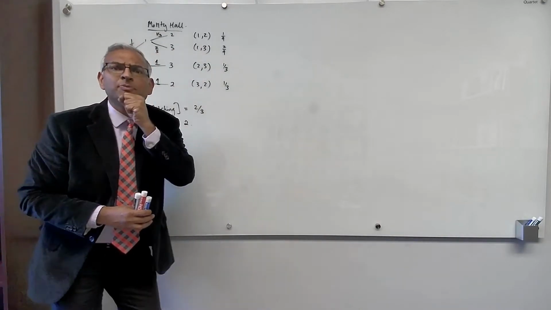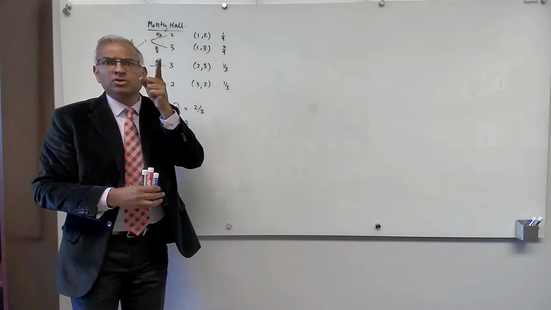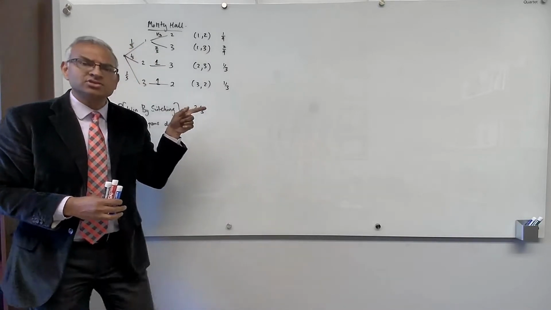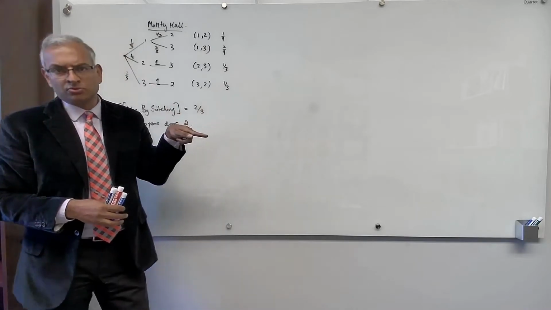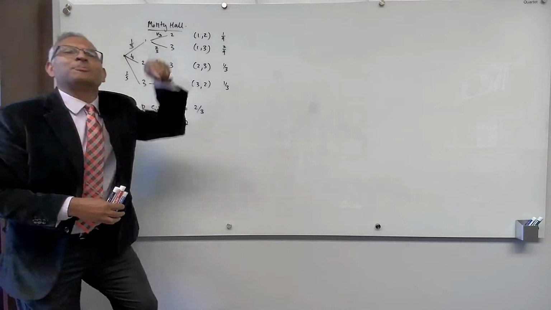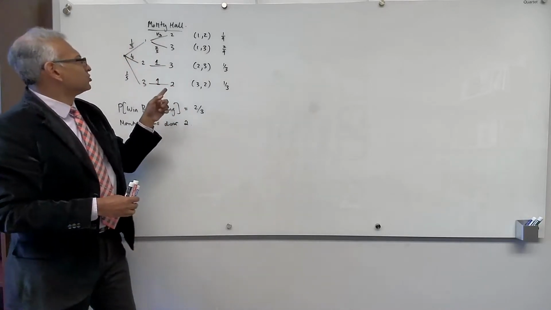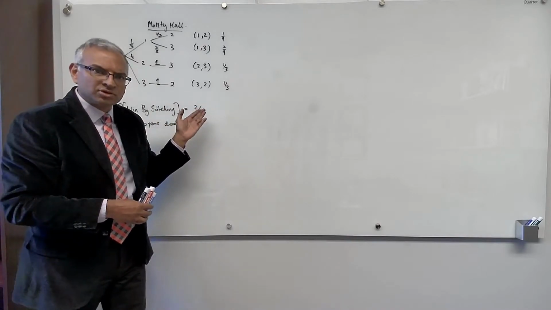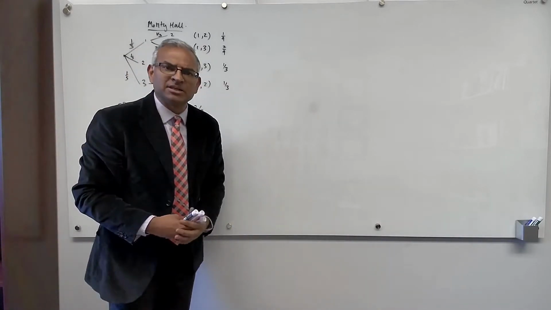So why did he open door 2? He opened door 2 probably because he couldn't open door 3. Why wouldn't he be able to open door 3? He wouldn't be able to if the prize was behind door 3. So he opened door 2 likely because he would have rather opened door 3, but the prize was there.